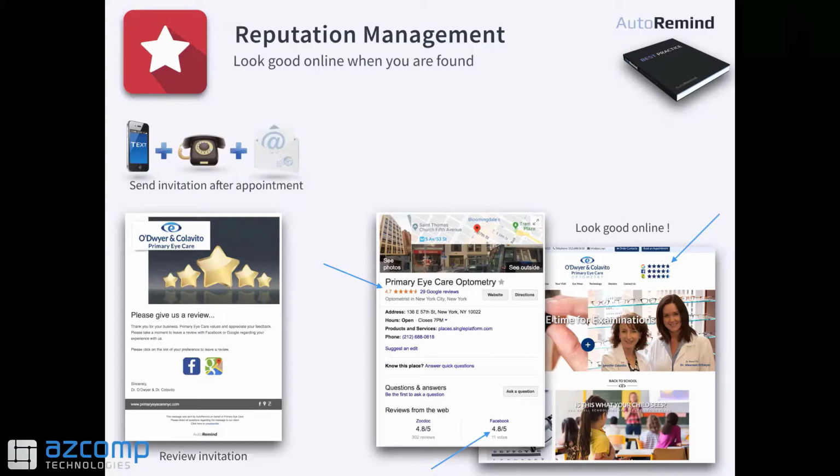So you can choose where you want to direct those patients. We do have a filtering mechanism: if they give you a lower rating, we might send them to a survey, and that data can go back to you internally. And if they give you a higher rating, it might push them to leave a review.